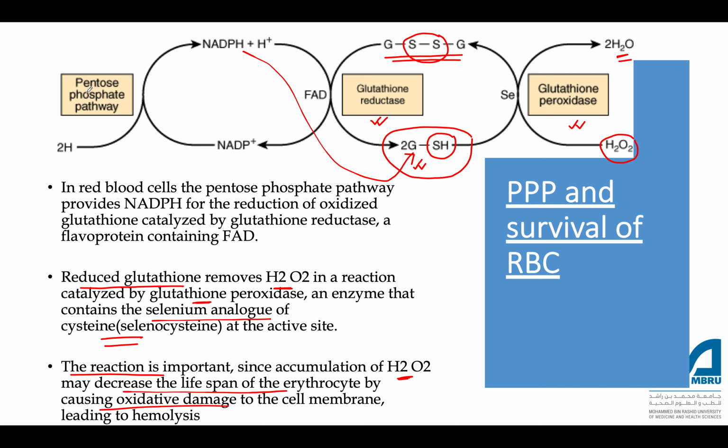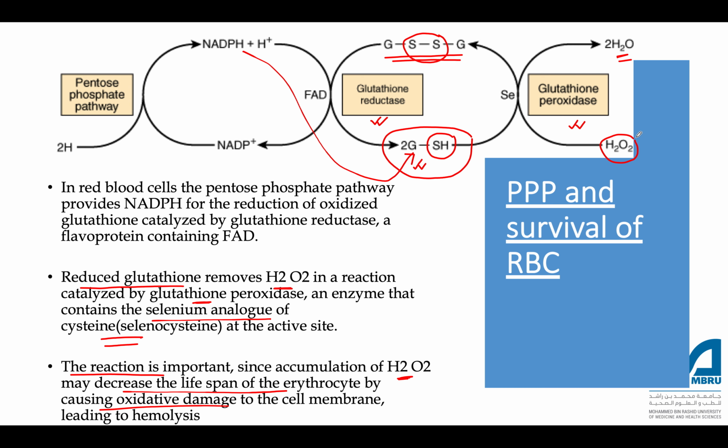So NADPH is important for the reduction of glutathione to form reduced glutathione in the presence of glutathione reductase.